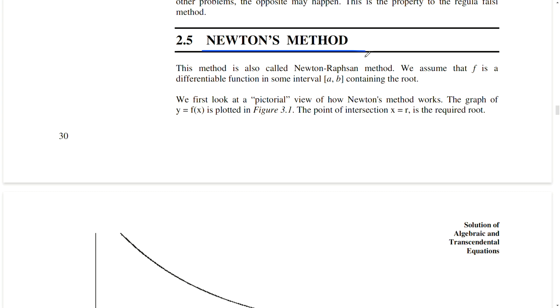Newton's method. This method is also called the Newton-Raphson method. We assume that f is a differentiable function in some interval (a, b) containing the root. We first look at a pictorial view of how Newton's method works. The graph of y equal to f(x) is plotted in the figure. The point of intersection x equal to r is the required root.